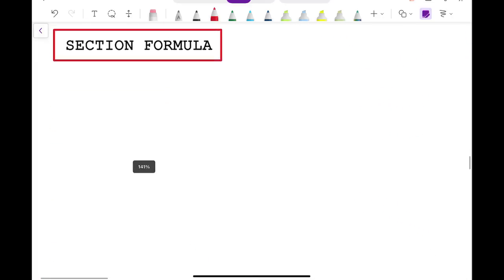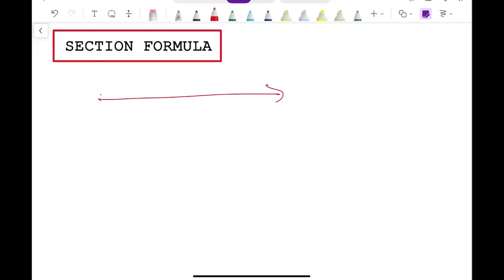Now we have the section formula here. When we talk about section formula, there is one thing you need to remember. There will be 2 points here. There is 1 point here, there is another point here. This will be x1, this will be y1. And there will be a center point here, which is x comma y, and this point will be x2, y2.